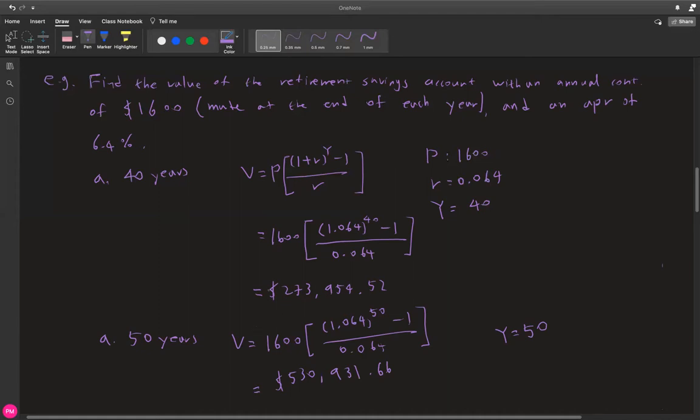But if you wait 10 more years, it's only 10 more years. Compared to 40 years, it's not that long. But just by waiting 10 more years, now you actually even doubled and a little more. No, I think you exactly doubled, almost. So that's a significant amount of difference within 10 years.